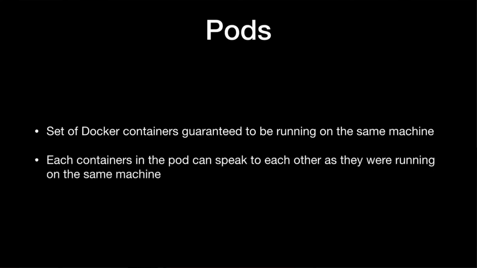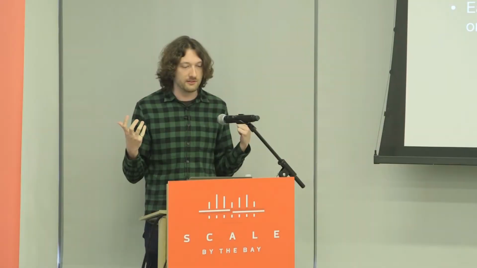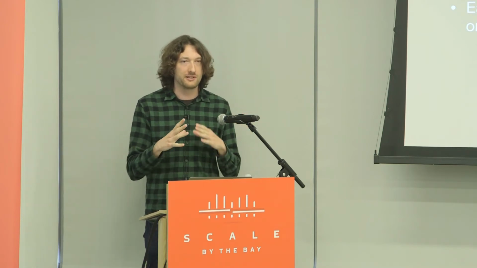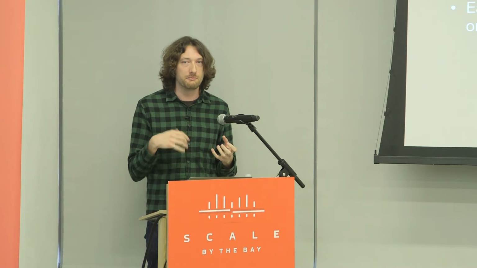So first, the base concept on Kubernetes is called a pod. Kubernetes, as a container orchestration system, allows you to run any Docker container over a given cluster, but these containers get packaged in what is called a pod, which is kind of equivalent to having one physical machine with your Docker containers running on the same machine.